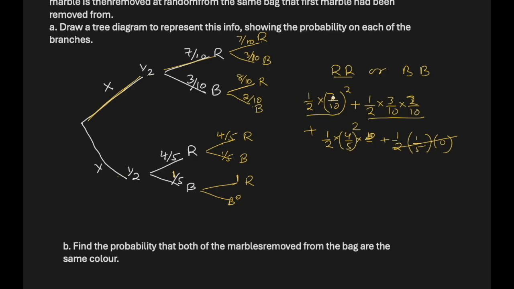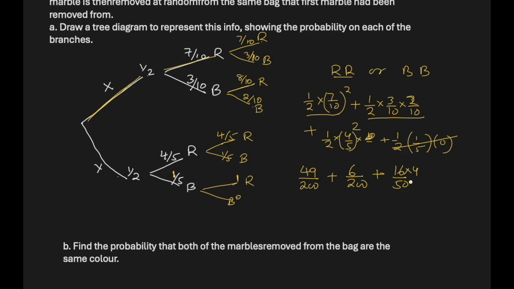So what do we get here? 49 over 200, 49 over 200 plus 6 over 200. Let me not cancel out because their denominator will be same. 6 over 200 plus 16 over, this is 25 times 200, 50. 16 over 50.